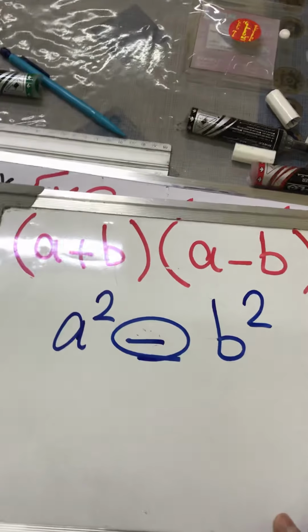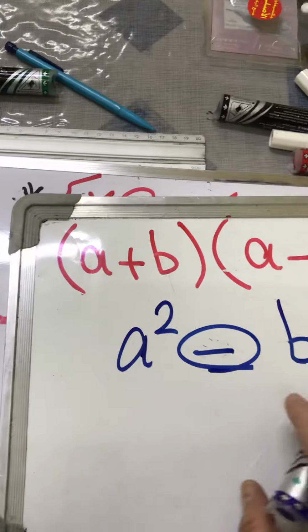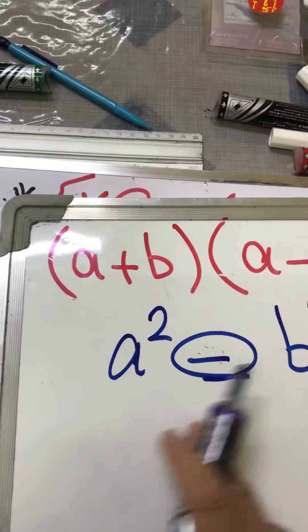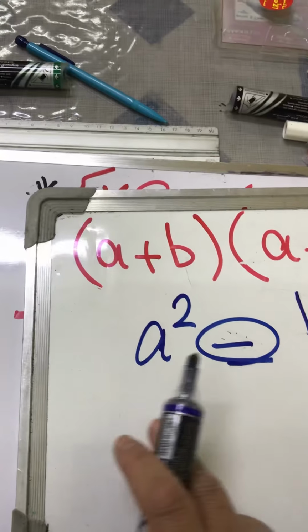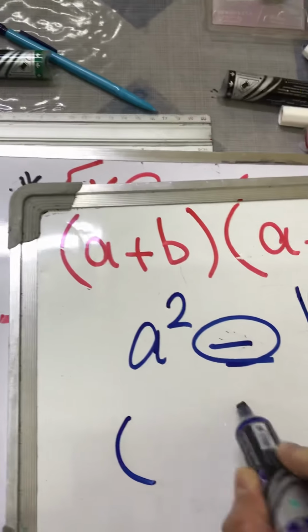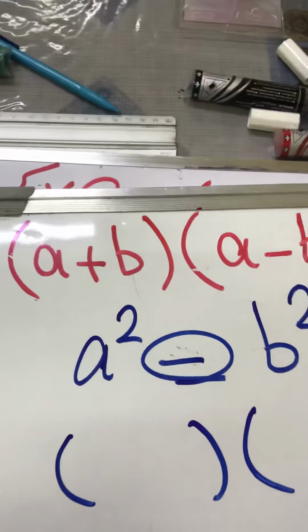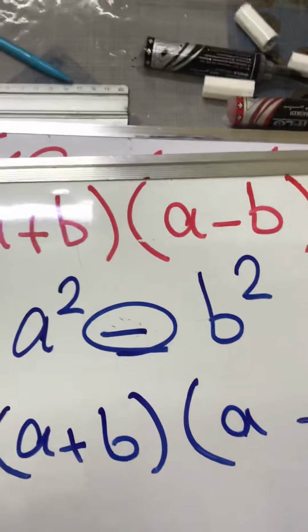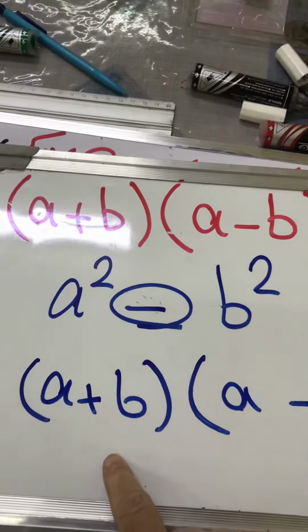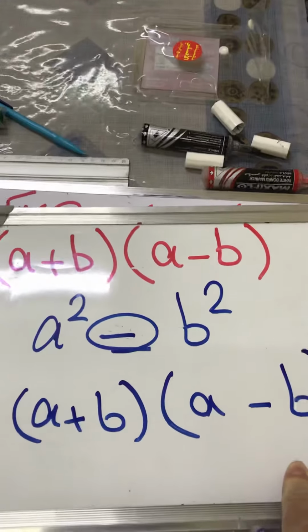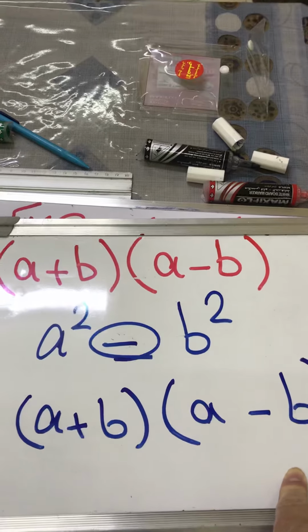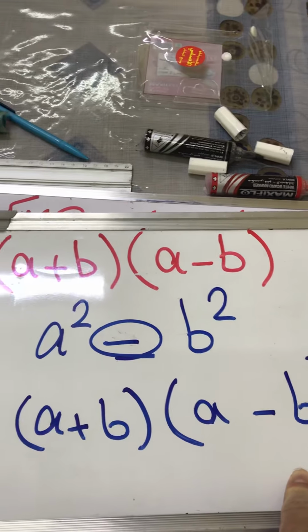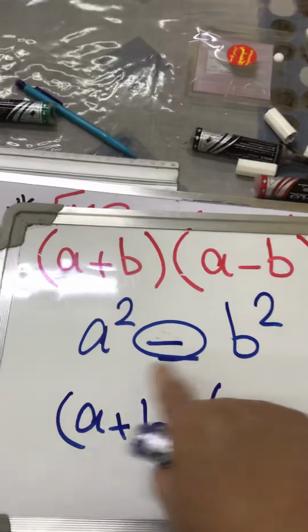And vice versa, if I find the difference of 2 square numbers, a square minus b square, I can factorize them into (a plus b)(a minus b). Is it important to put positive first and negative second? No, it's allowed to change the order in multiplication. So don't forget this case also, because I use it today.